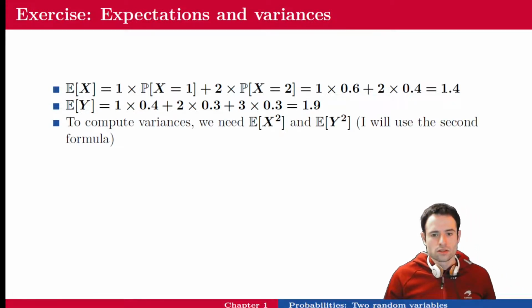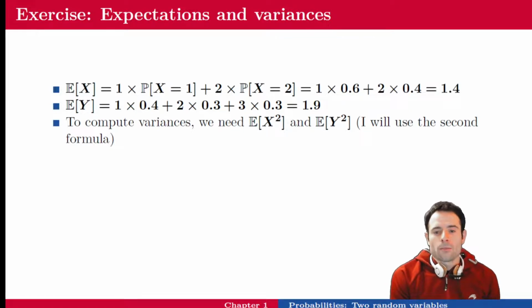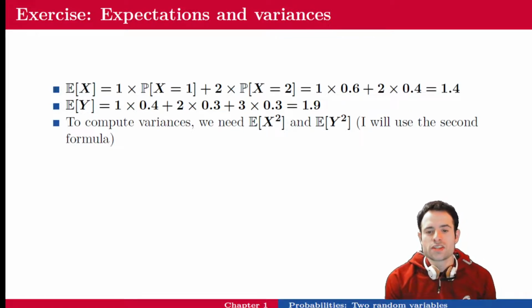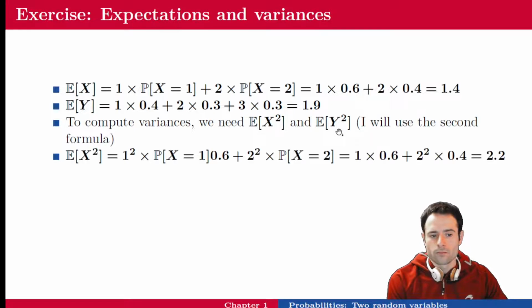The variance should not be too complicated either. But first, since I want to use the second formula, I'm going to need the expectation of x squared and the expectation of y squared. The expectation of x squared is the same as before, except that the values that x can take are squared up.